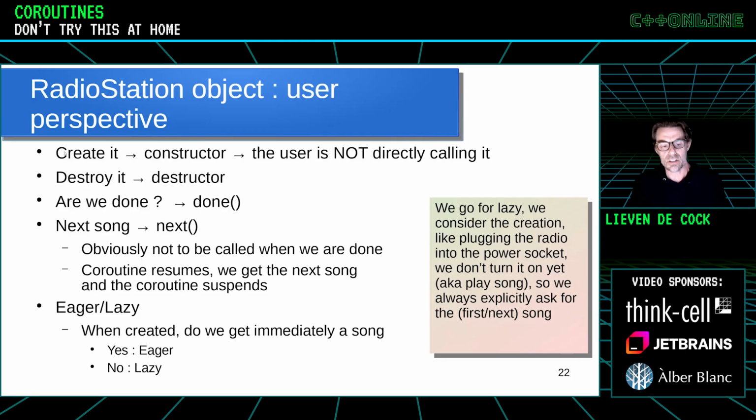In case the radio station would immediately broadcast a song, we say it's eager. If it's not, it's lazy. Eager versus lazy, that's a feature of a coroutine. In our example, we will go for lazy.